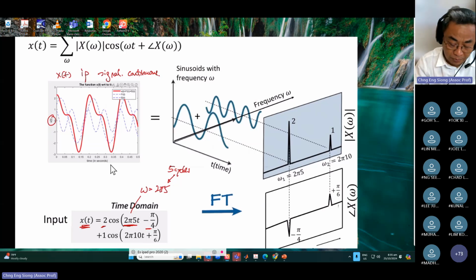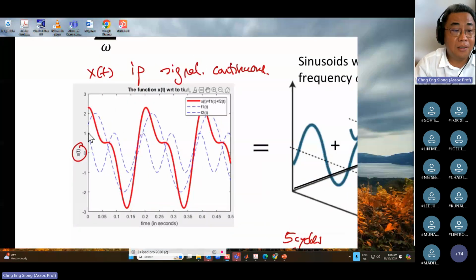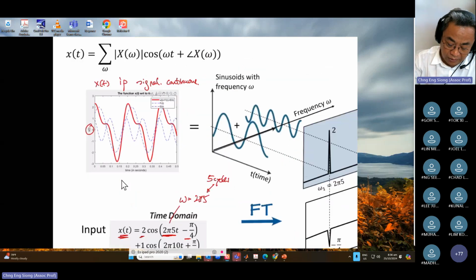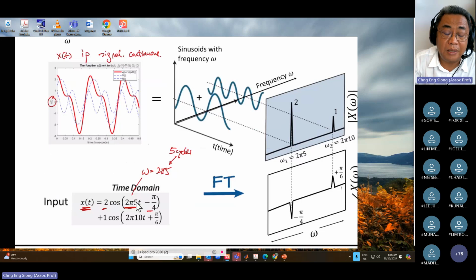Now, if you look at this blue dashed line, you see the bigger one is the 2 cosine and the smaller one is the 1 cosine. The 1 cosine is oscillating faster than the bigger one, because it is obvious from the equation: one of them has frequency 5 and the other one has frequency 10.